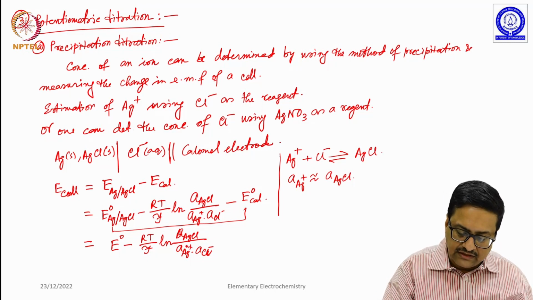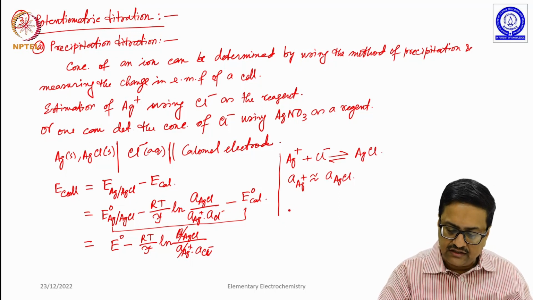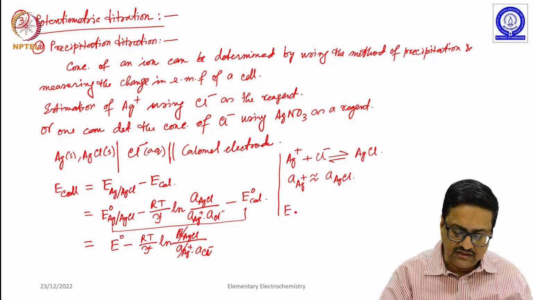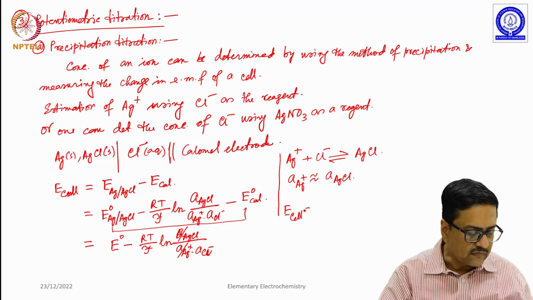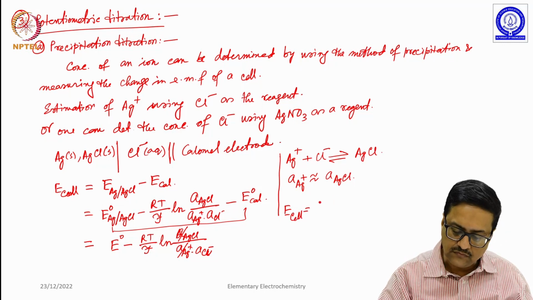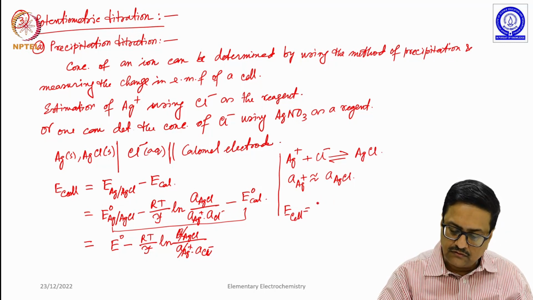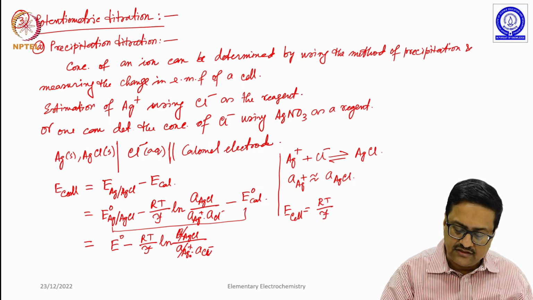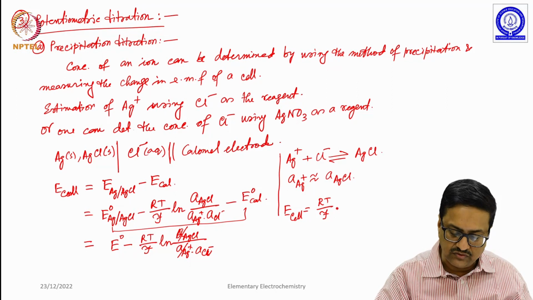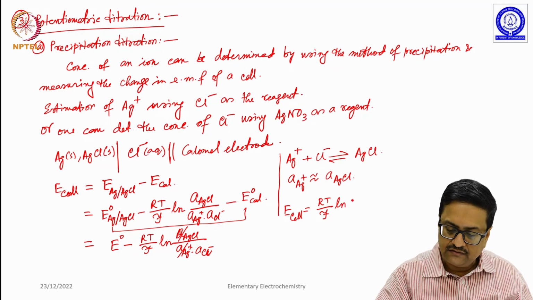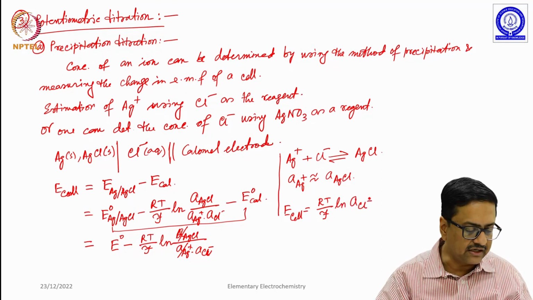So, then one can cancel this activity of Ag plus with AgCl, and one can write the E cell equal to RT by F. AgCl was down, so now you take it up, ln activity of Cl minus.